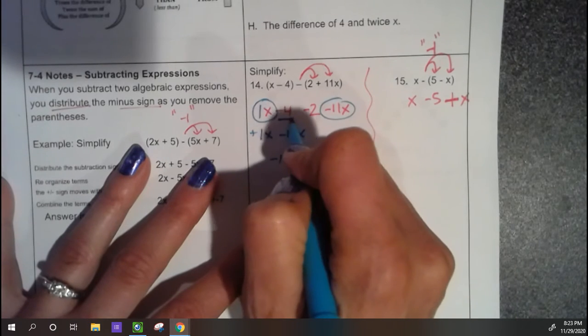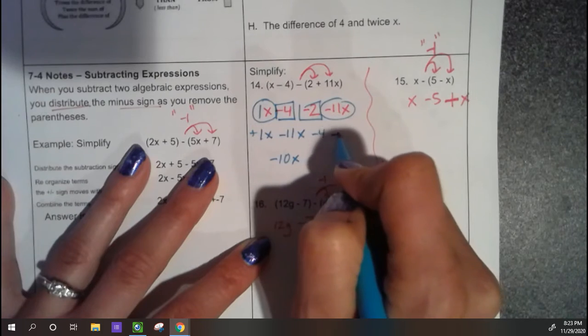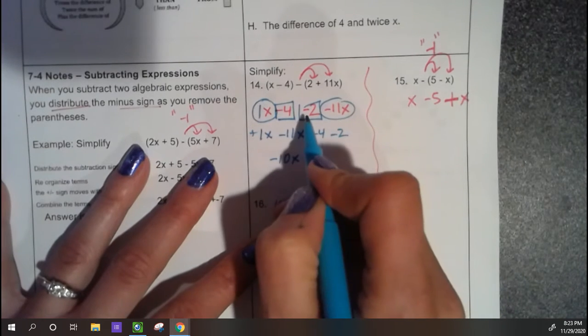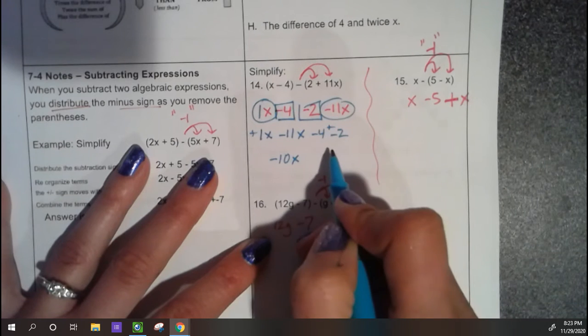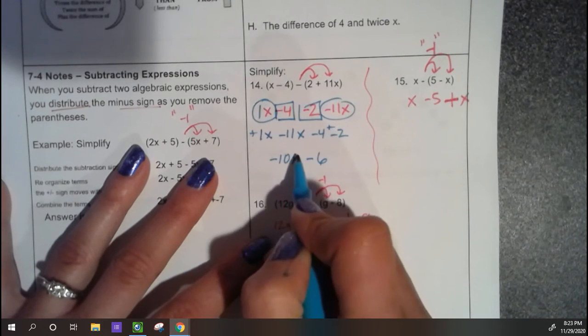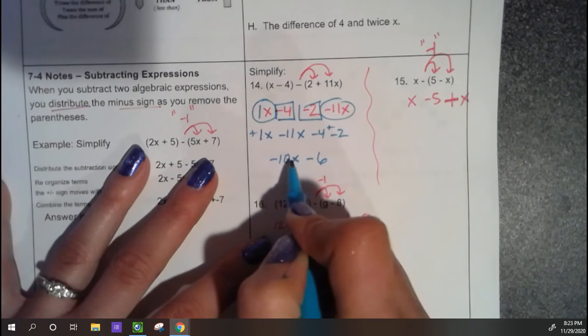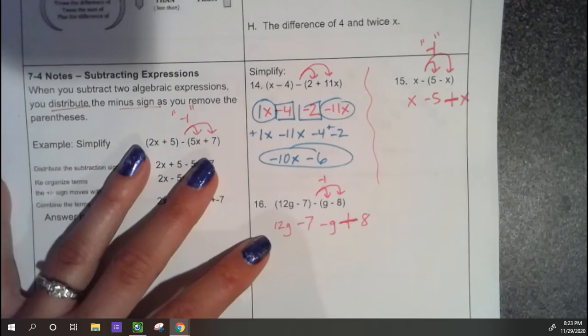Then this one here is a -4 and a -2. Okay, remember all minuses are a negative. So a -4 and a -2 gives me a -6. I don't need a plus sign right here. I'm going to stop myself from putting a plus sign right there. Plus a negative is minus.